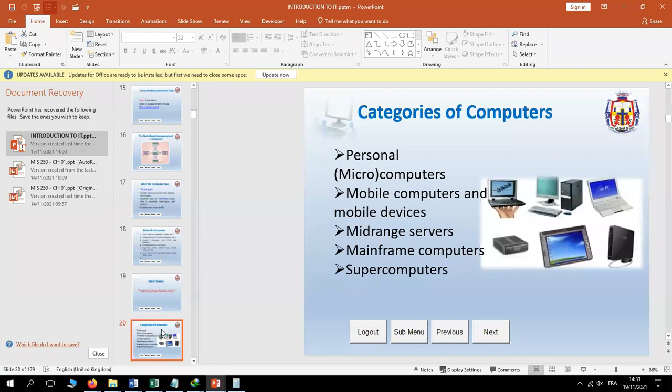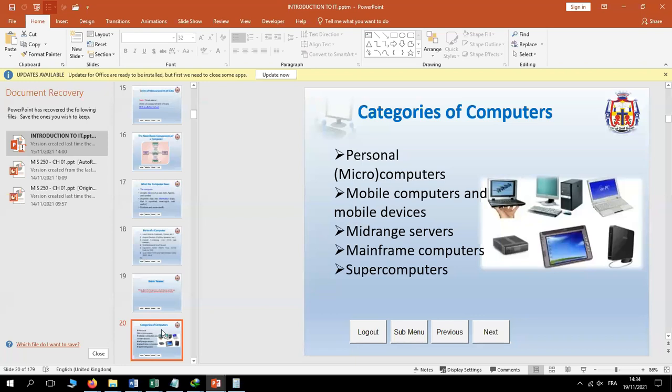Now, having looked at what it is by definition, we can as well call this personal computer a microcomputer. Again, if you know what micro means in English, micro means small. Therefore this is the smallest type of computer in existence.